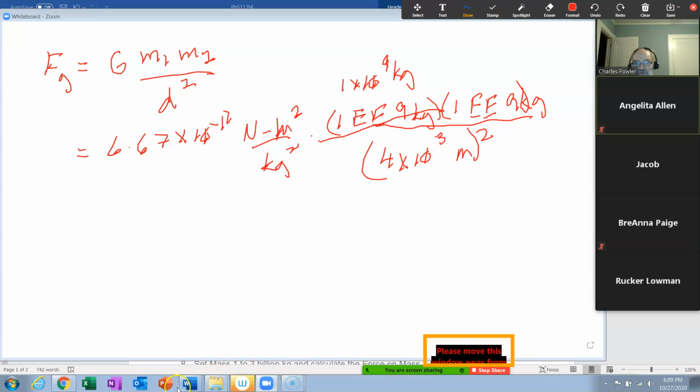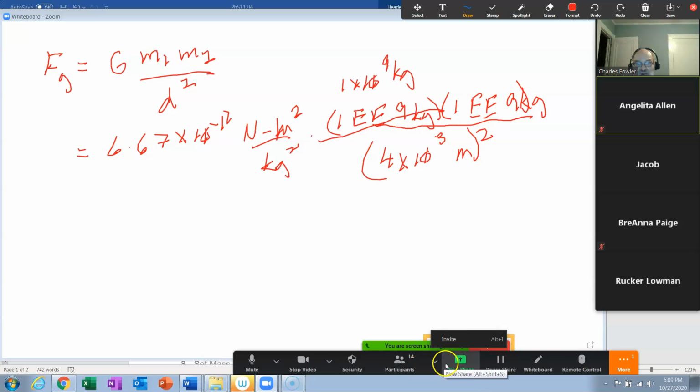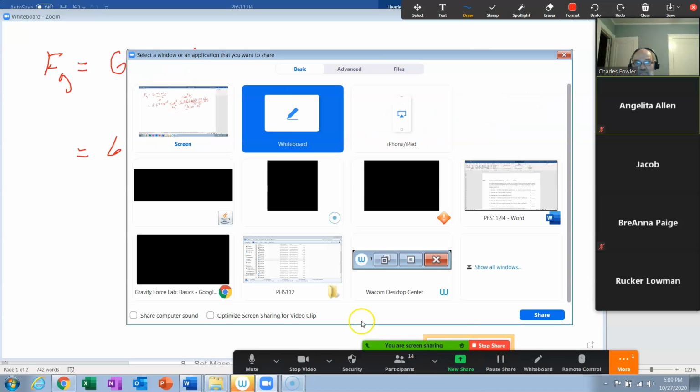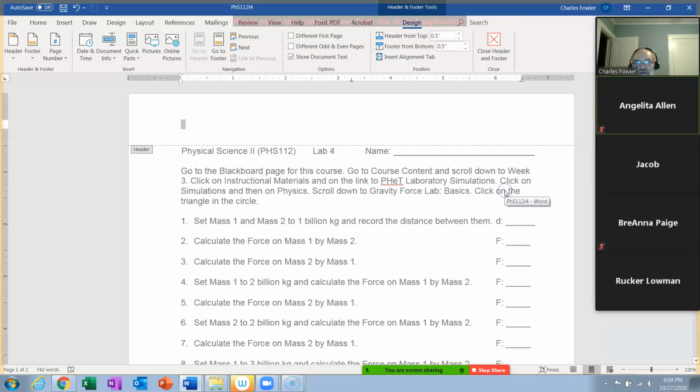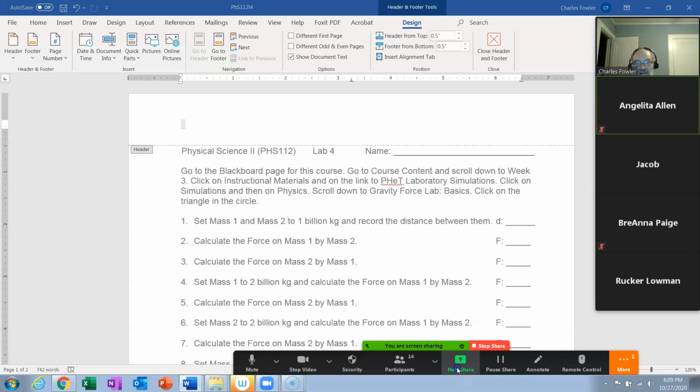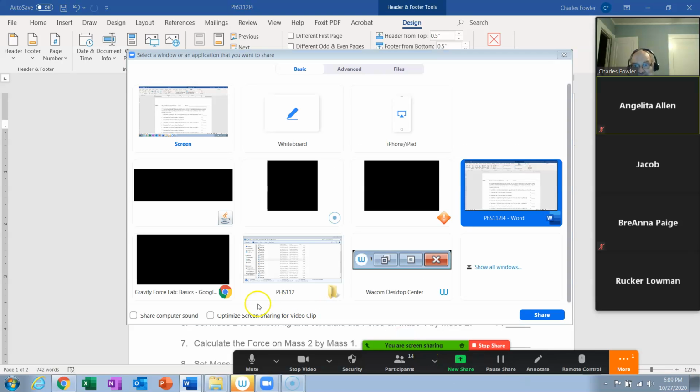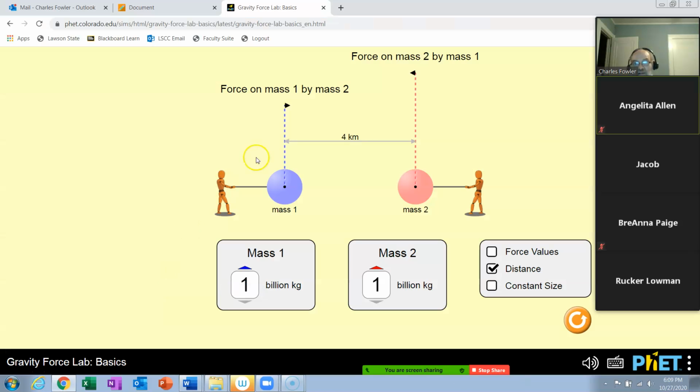Did anyone punch it on your calculator? That was this one right here. That would be, calculate the force of mass 1 on mass 2. This is what it looked like here. What was the force on this mass by that mass?